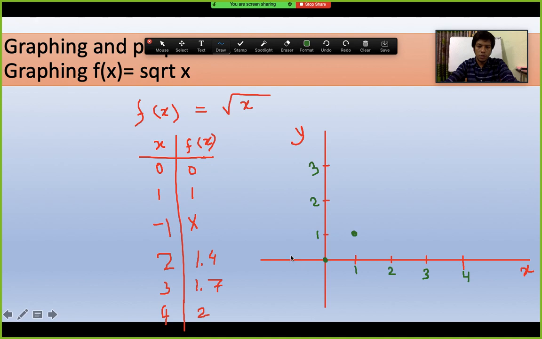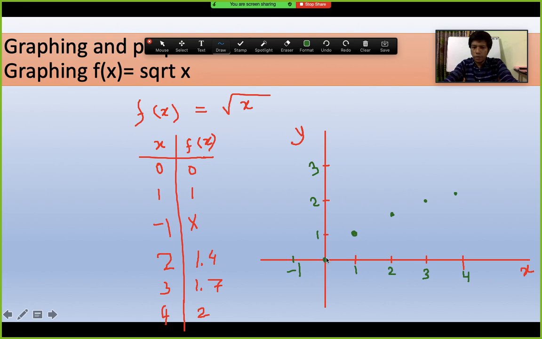Now minus 1. For minus 1, we do not have any answer, so we do not have to draw anything there. When x equals 2, y equals 1.4, somewhat here. When x equals 3, 1.7, somewhat there. When x equals 4, y equals 2, something like here. And if we put more values, then for 5 it will be something more than 2, some value which is more than 2.